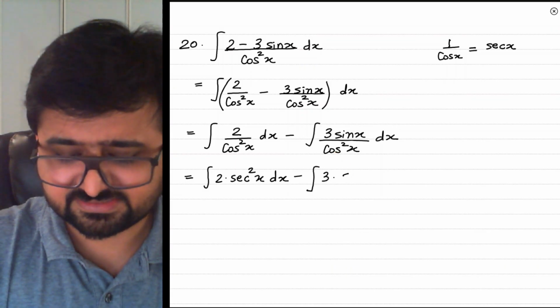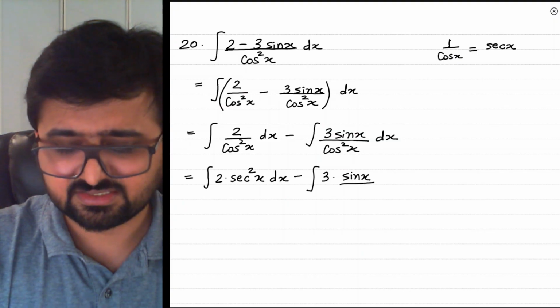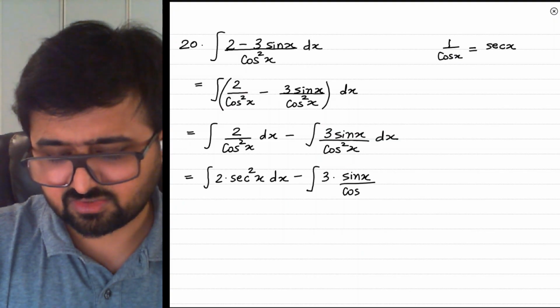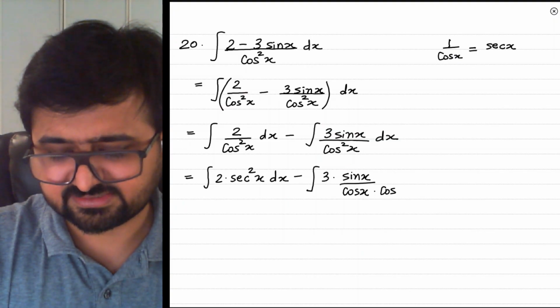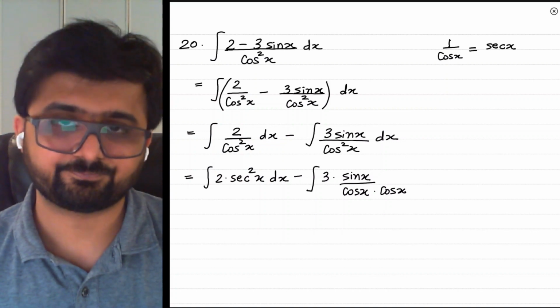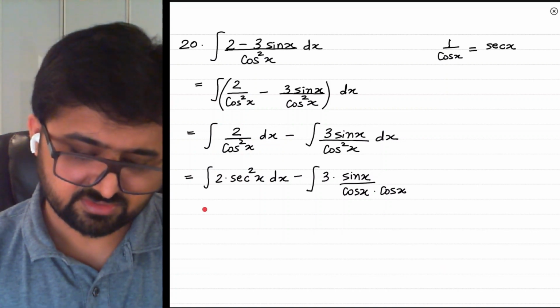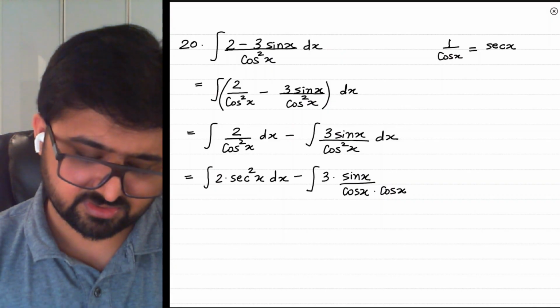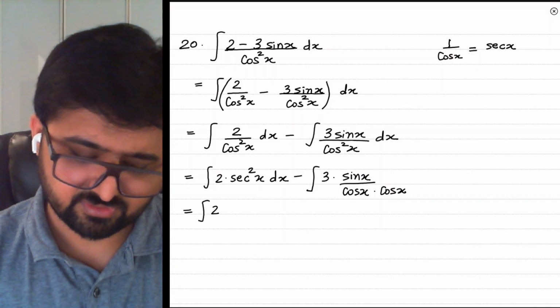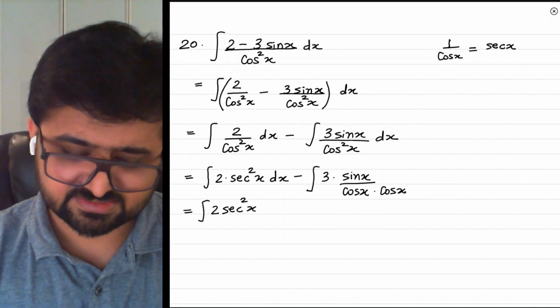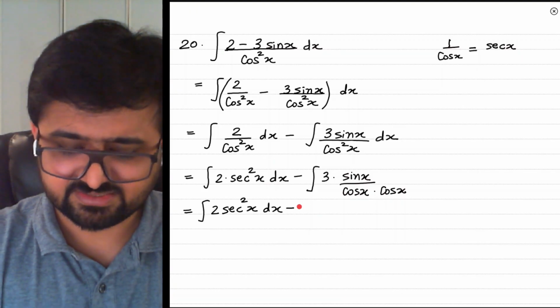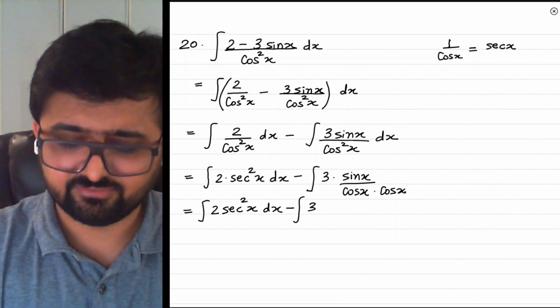Now we know this cos square x can be written as cos x times cos x, just to simplify it further.